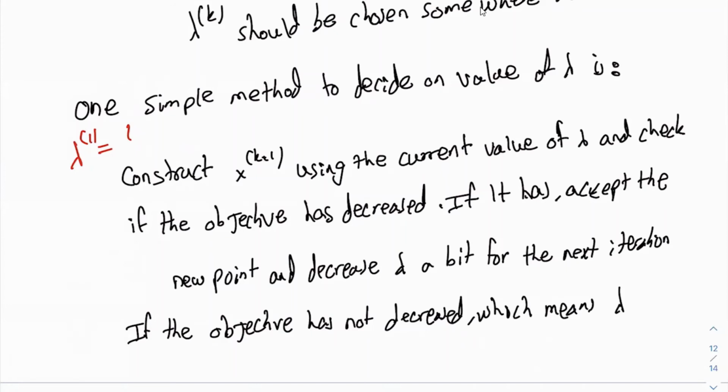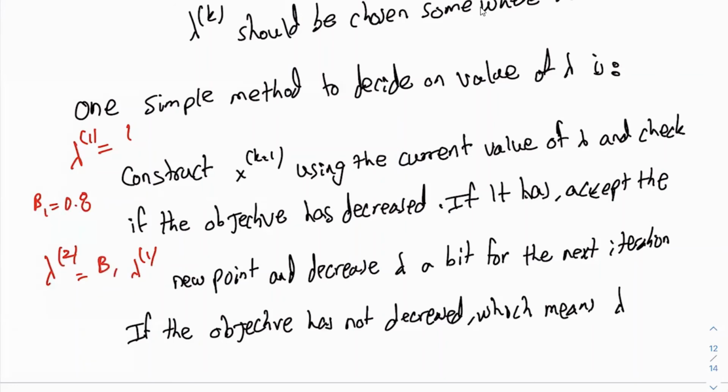You have some optimality condition at each iteration, and you check that for xk plus 1 as well. If it's going down, you accept the new point and you decrease lambda. You multiply lambda 1 by, for example, 0.8, to get lambda 2. Call it beta 1, equal to 0.8, or anything you like.